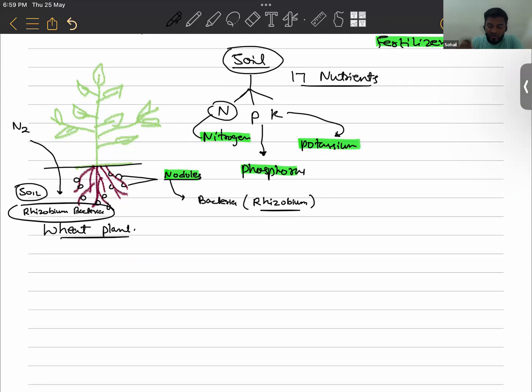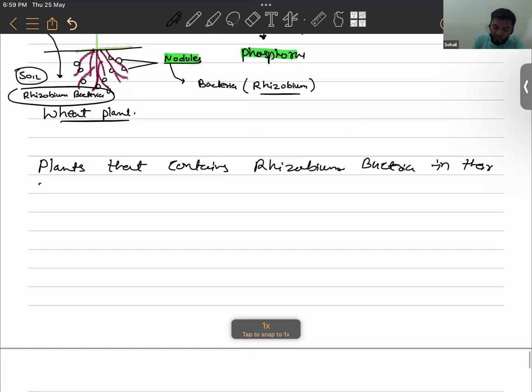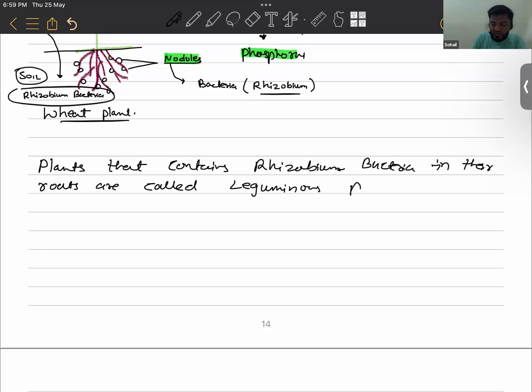They are called leguminous plants. So plants that contain rhizobium bacteria in their roots are called leguminous plants.